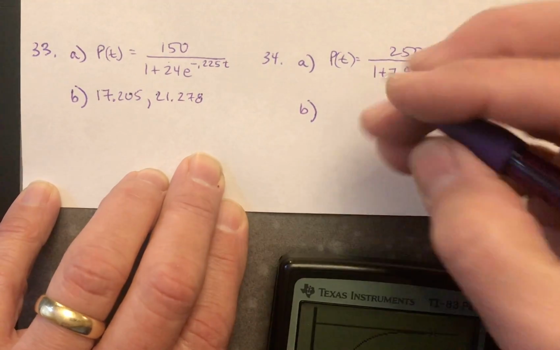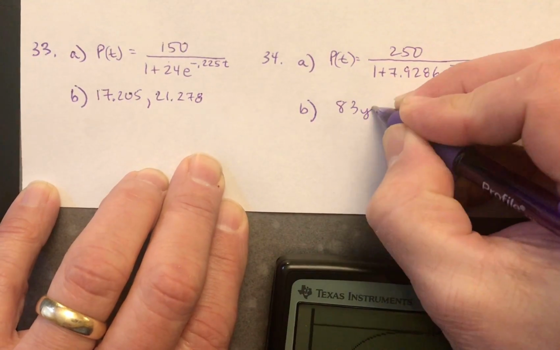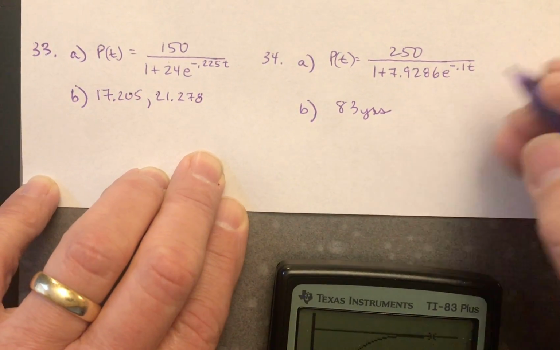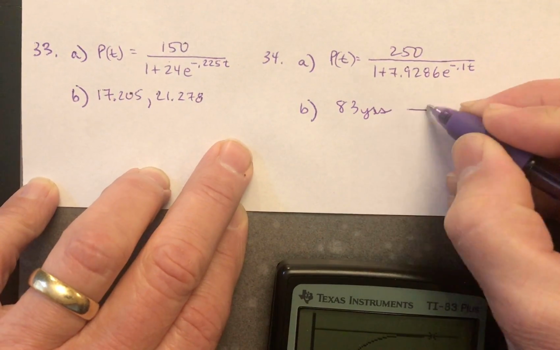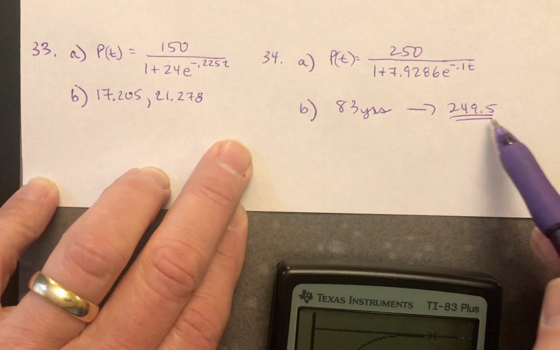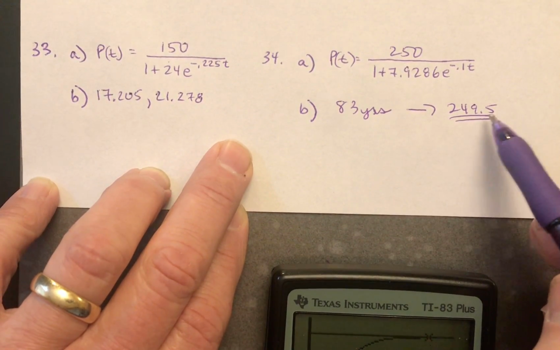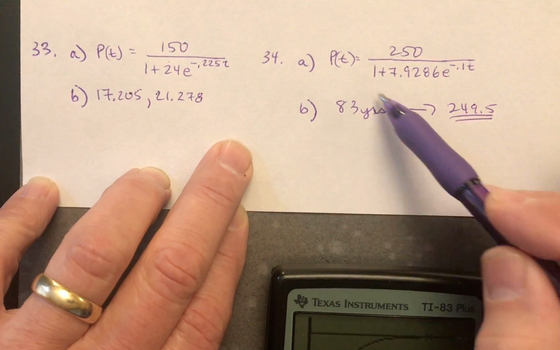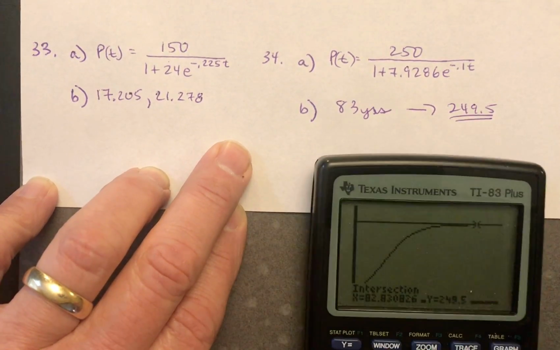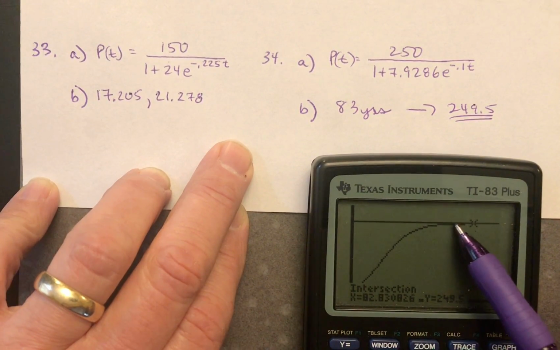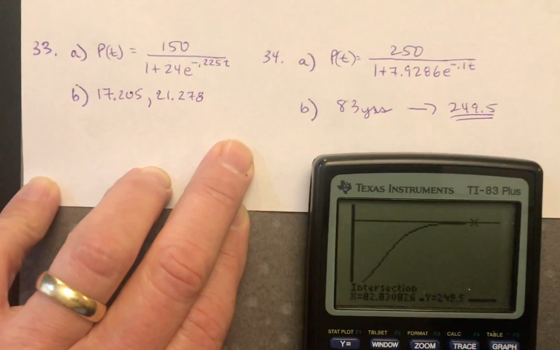So at 83 years, that's going to be at 249.5. Now, I can change that 249.5 to be 249, 248, 247, and that will change the number of years. You can see how this thing starts leveling out. So once we get past a certain point here, those y values really do not change much at all.